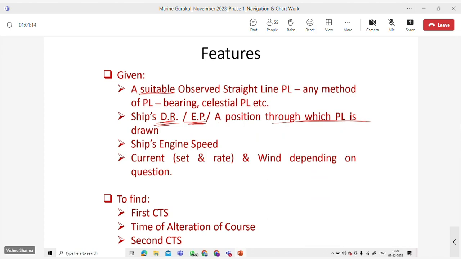And what is of utmost importance here? It's the safety and nothing else. If the master feels he can use this PL to continue on the voyage, ensuring the safety of the vessel, then he can adopt this method, for which the PL should be suitable for the use. Now you'll say, sir, if PL is not suitable or if the master is not comfortable with the method, then it's master's decision.